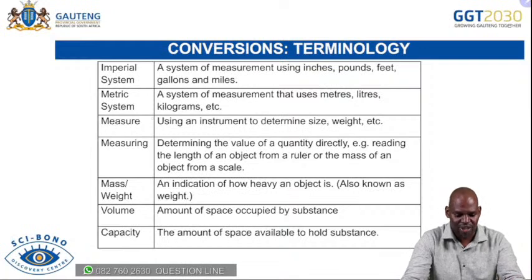Then measuring is determining the value of a quantity directly, e.g. reading the length of an object from a ruler or the mass of an object from a scale.